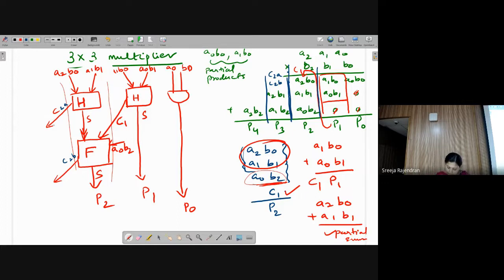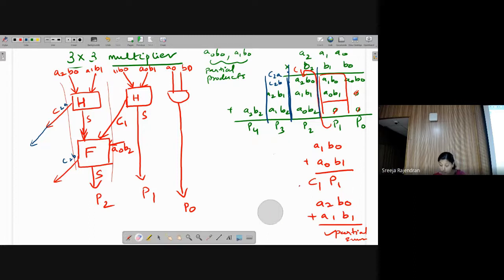Now only if this carry comes in will I be able to do the next addition, because I have to adjust. Here you see, how many numbers do I have in the next stage to add? I have only two partial products to add: A2 B1 and A1 B2, and I also have C2A and C2B.